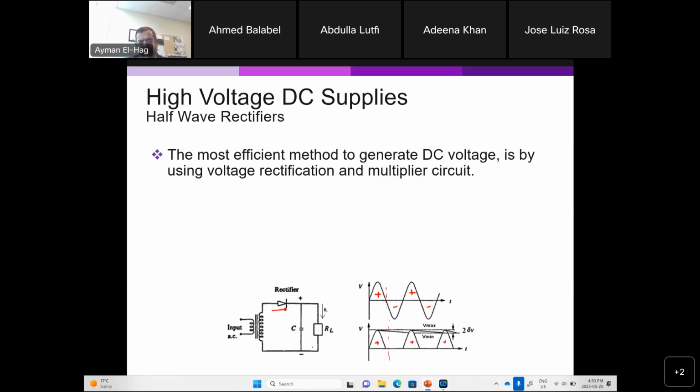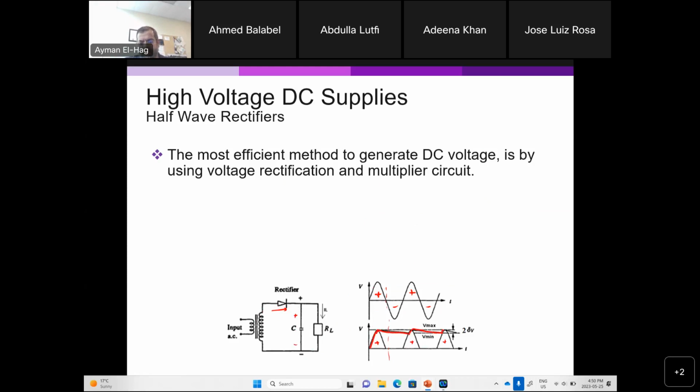Now, when you have a capacitor here, this will smoothen the output. Instead of having just half cycles, the voltage will look something like this, goes up and then decays like this. Why is this happening? During the positive cycle, the diode is forward biased and supplies current until you reach the peak, and the capacitor is fully charged.